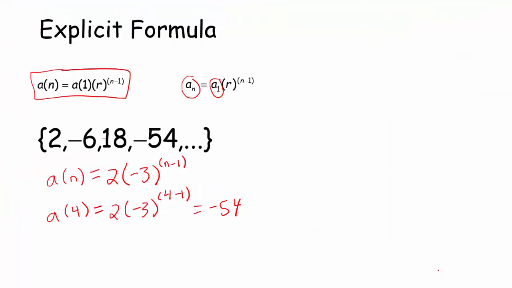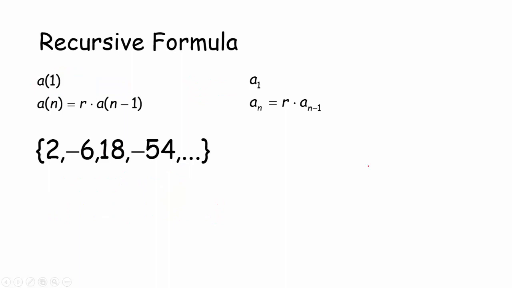So now, let's talk a little bit about what recursive formulas are. Recursive formulas give the rule in terms of: if you have any number in the list, what do you do to get the next number in the list?